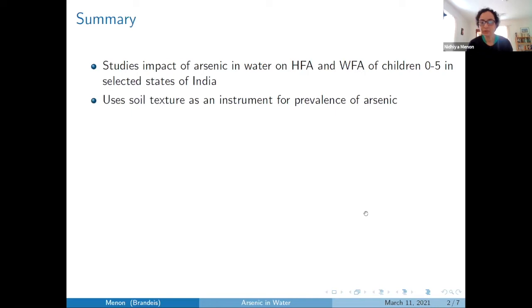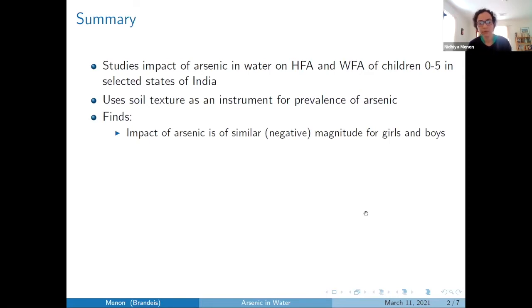It uses soil texture as an instrument for the prevalence of arsenic. Whenever there's an instrument, it's an easy target. So the aim of the comments I'm going to offer from the next slide onwards is to bolster the instrument and make sure that it satisfies things like the exclusion restriction and so on. So let's get to that. What do we find here?